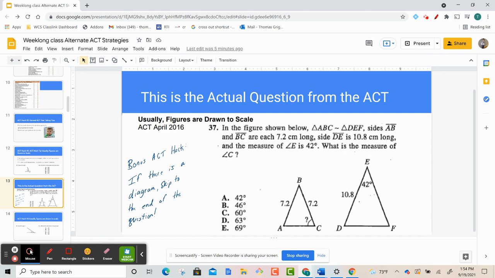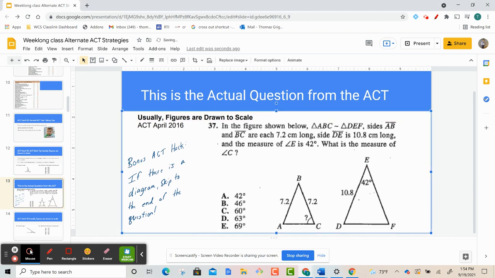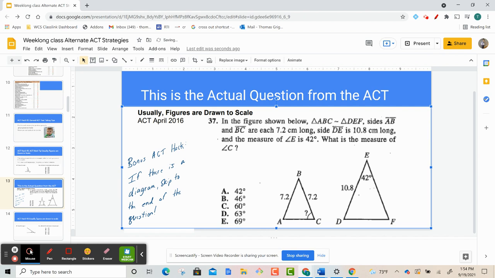So 180 minus 42, which is the known angle in this problem, gives us 138, and then we're going to divide 138 by 2. And that gives us 69 degrees for angle F and angle D, which has to be the same for angle C. So that's our answer choice.